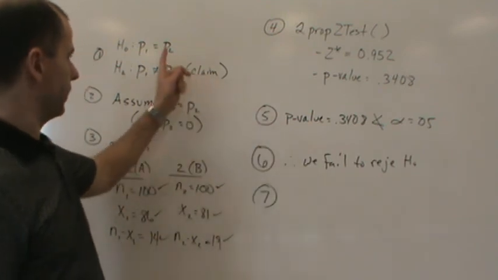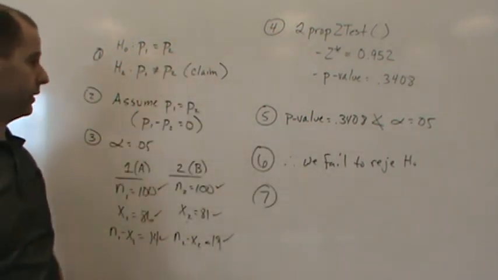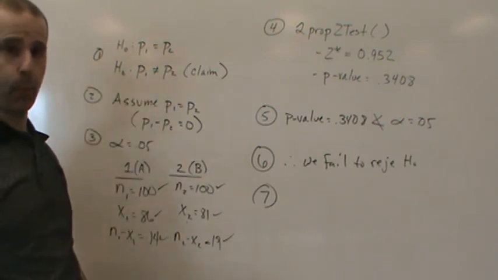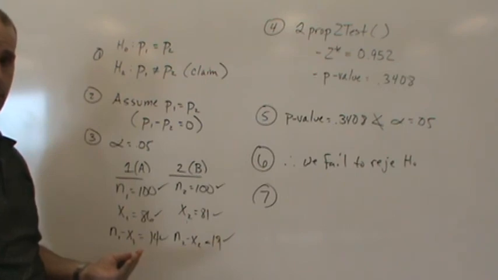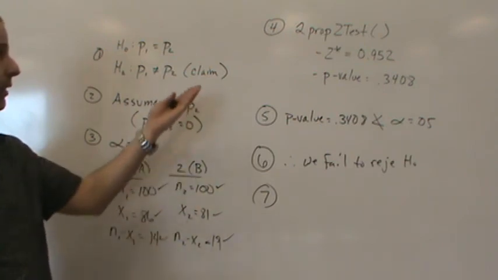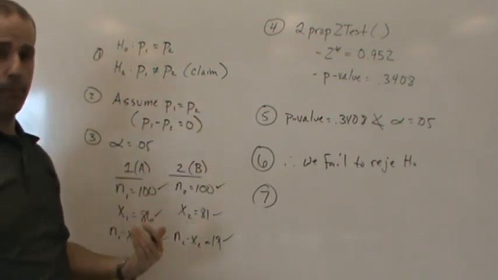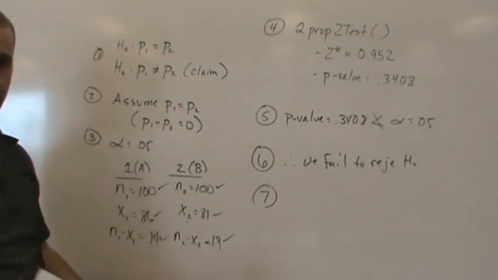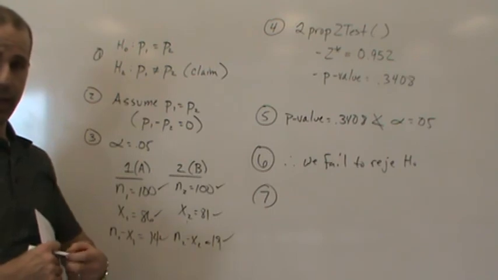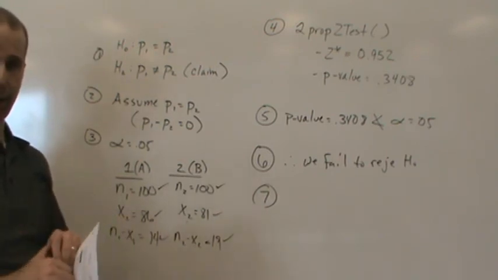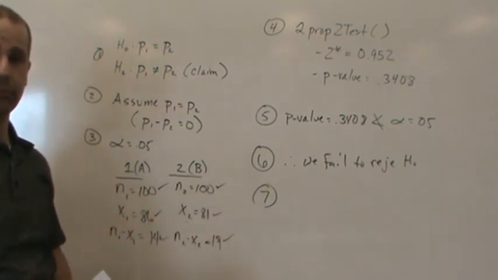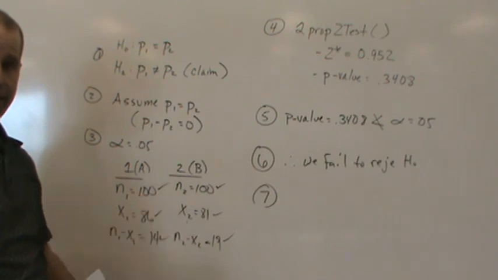We fail to reject the null, so there is not enough evidence to support the claim that the proportion of valve A that crack under pressure is different than the proportion of valve B that crack under pressure. So in other words, there's really no difference in the two valves as far as cracking under that amount of pressure. So it doesn't matter which valve you use, they're going to pretty much have the same failure rate, based on the sample data.